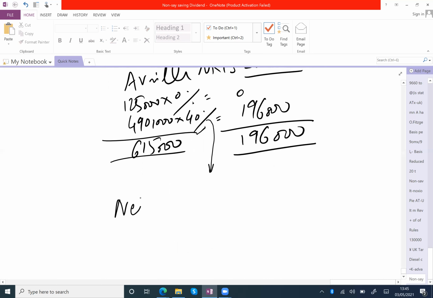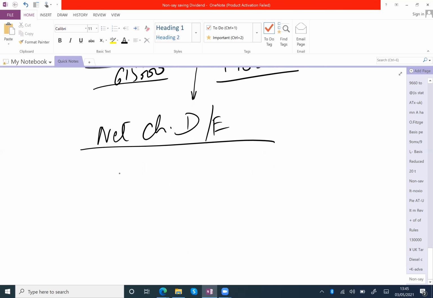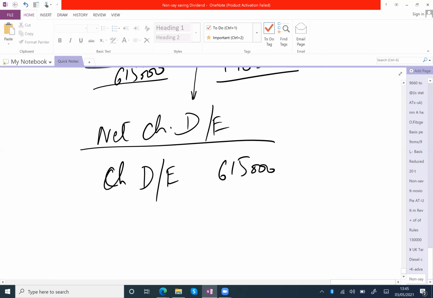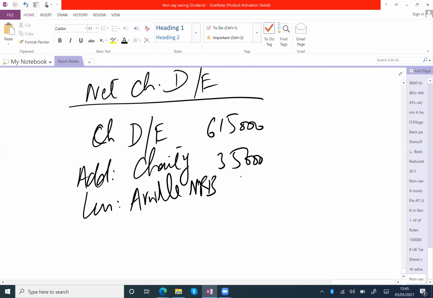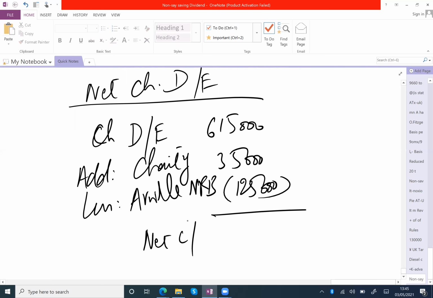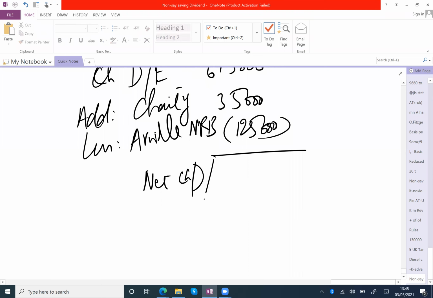So now you check the net chargeable death estate, and the formula is chargeable death estate, which in this question is 615,000, add charity. What is charity in the question? 35,000. And less available NRB, which is 125,000 in the question. So what is the net chargeable death estate? 525,000.